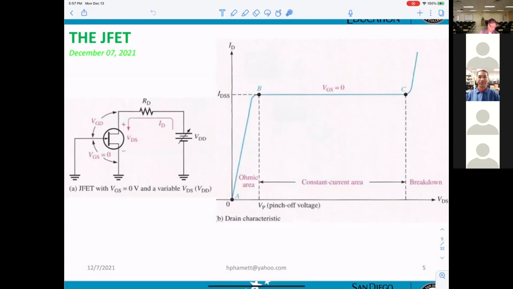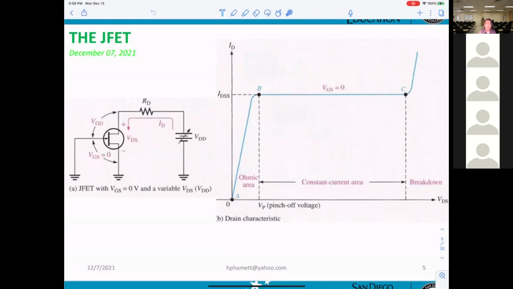So the question is, what is IDSS? It's the maximum current. I understand it's the maximum current, but I still need more information. IDSS is the maximum current of the JFET.